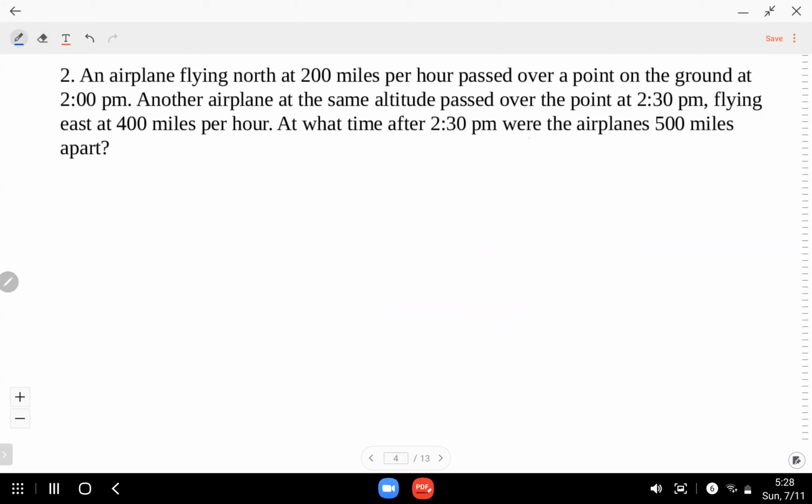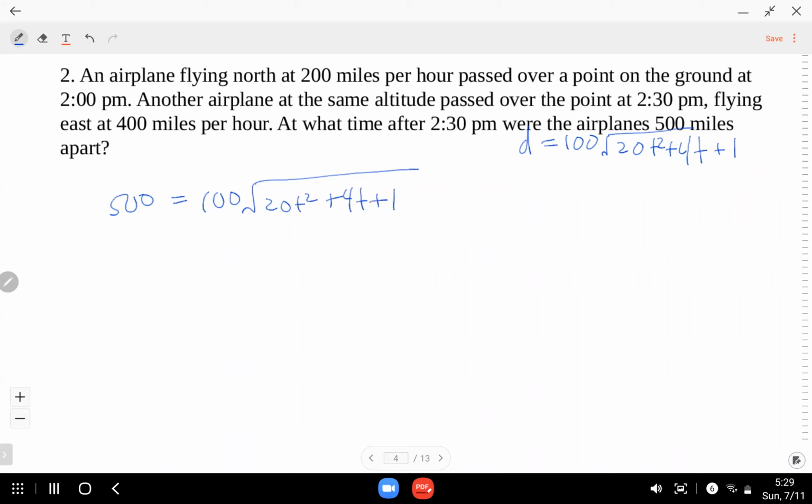I'm going to move the equation here. Since the question asks at what time after 2:30 p.m. were the airplanes 500 miles apart, we know that the distance was 500. So 500 equals 100 times the square root of 20t squared plus 4t plus 1.